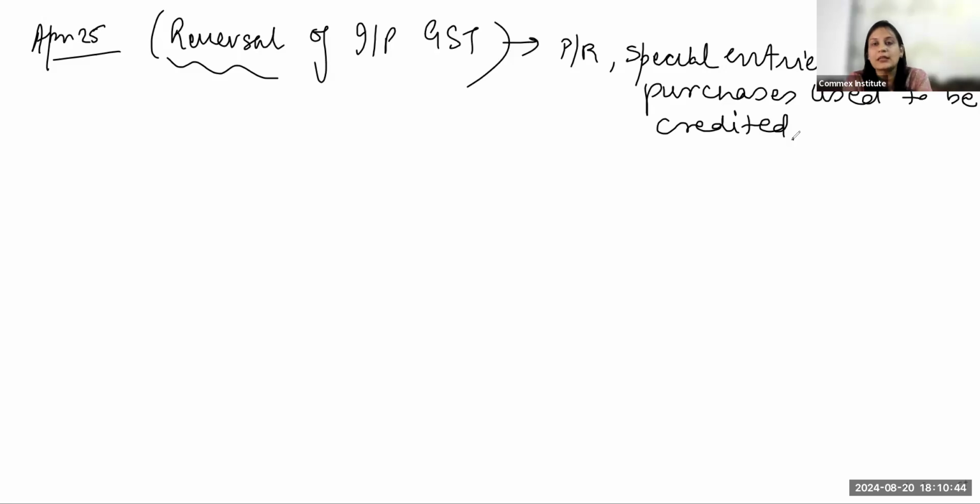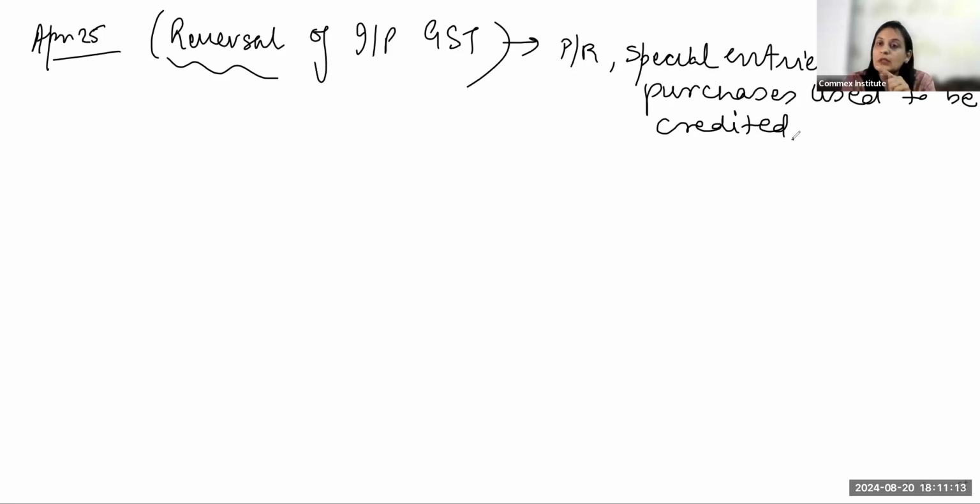But there are special transactions when we credit purchases, like goods lost by fire, goods withdrawn by the proprietor for his personal use, goods given away in charity and donation, goods given to the staff for their use, and then goods used. What are the other transactions where we credit the purchases?